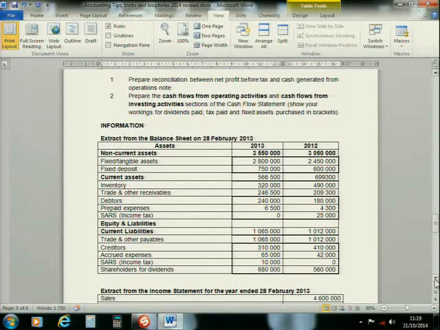Minus the shareholders for dividends of 560,000. SARS is 0, and your shareholders for dividends 560,000. That gives us 452,000. I'll just put it here on my paper. 452,000. That is 2012.